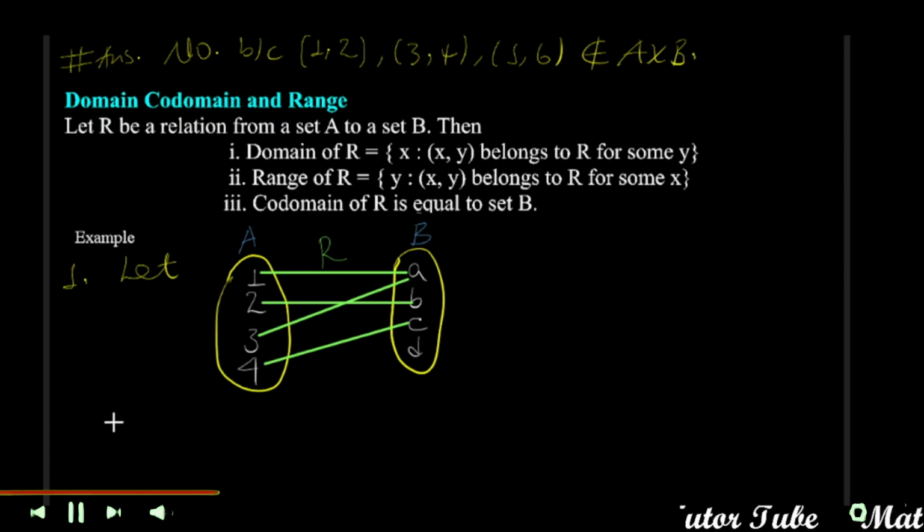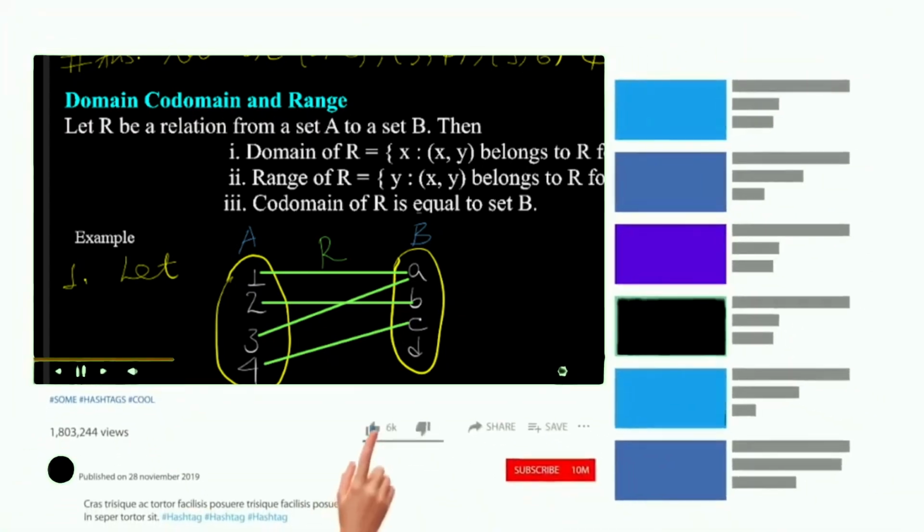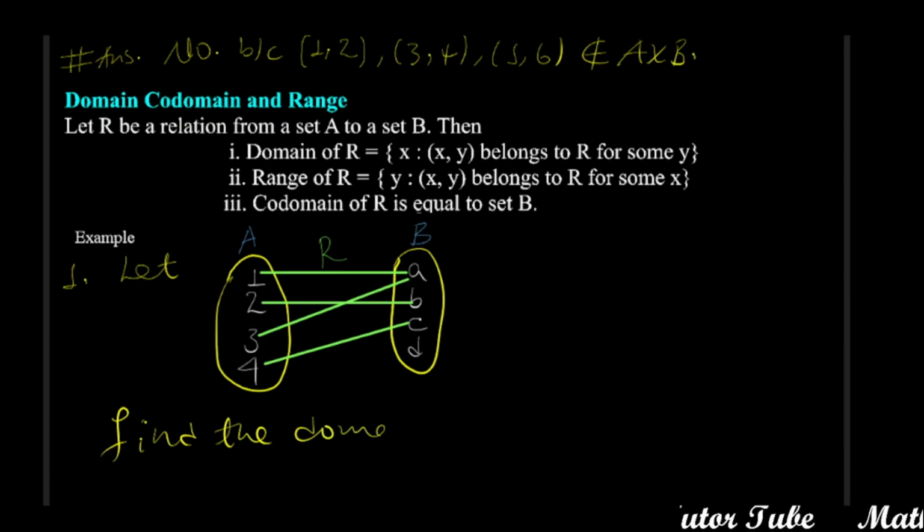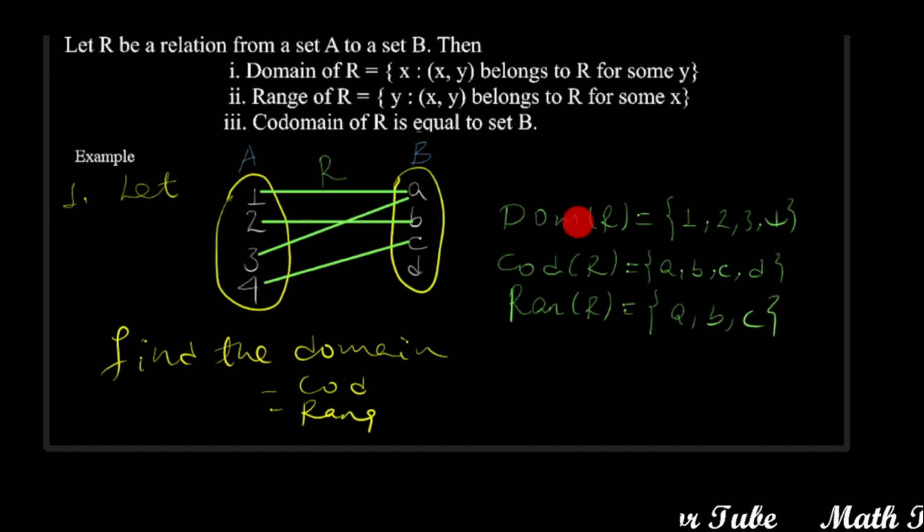Example: for this relation, find the domain, codomain, and range. The answer is: the domain is 1, 2, 3, 4, all members of A, whereas the codomain is a, b, c, d.